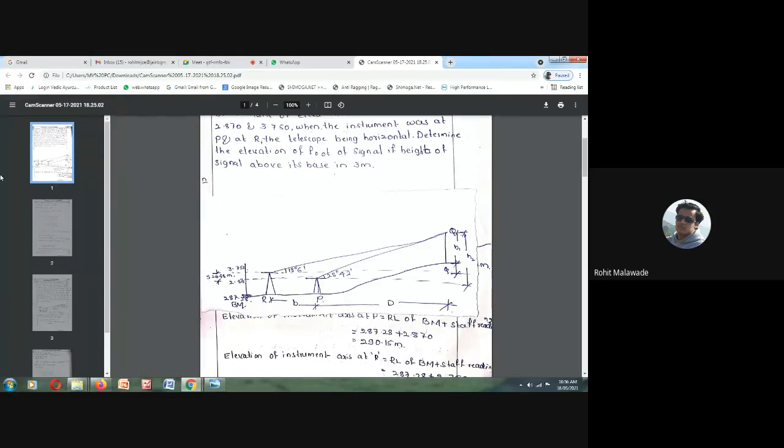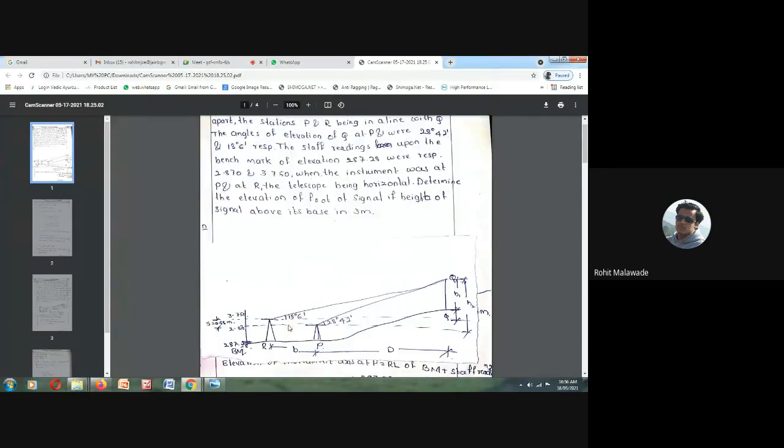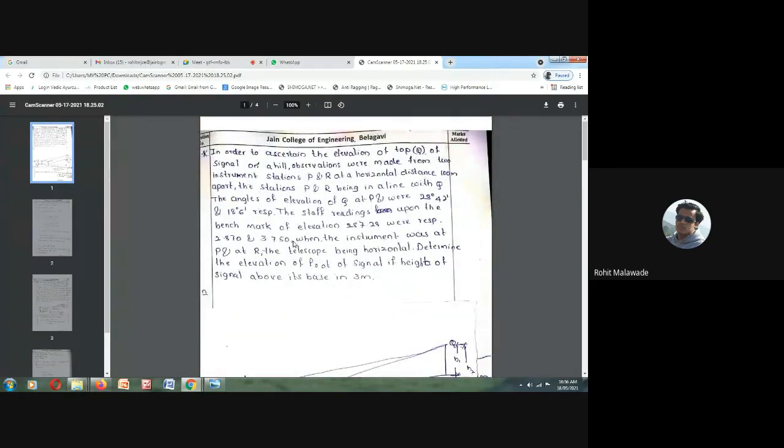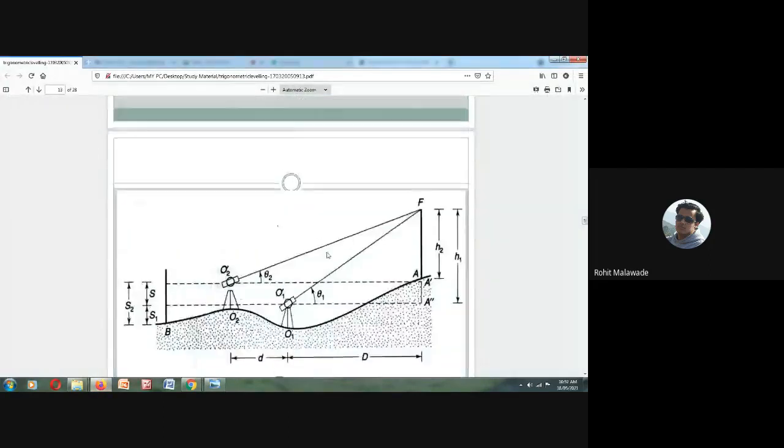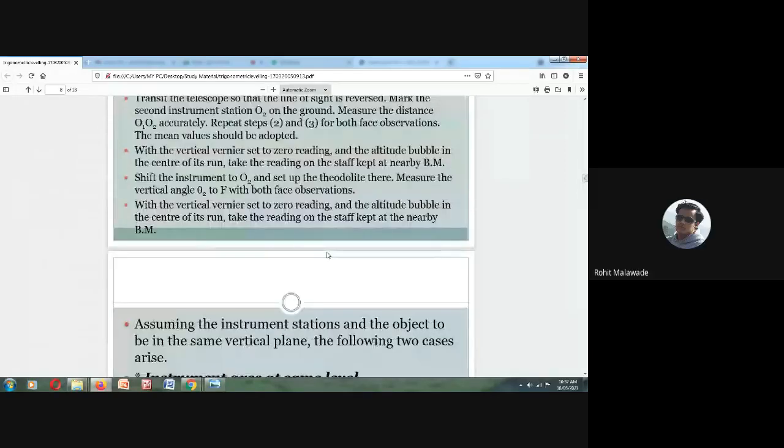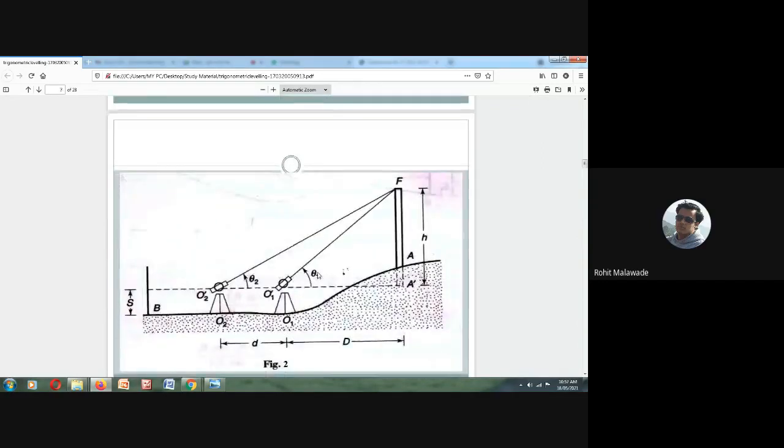Is it case 1? Yes, this is case 1 we have discussed.